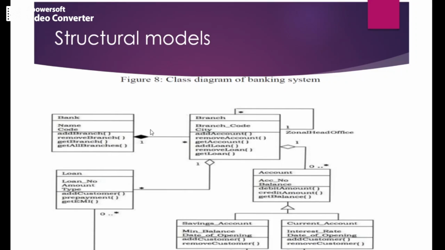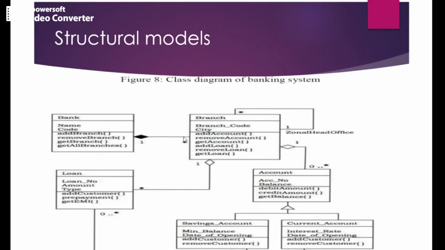So in this class diagram of the banking system, you can see that you have several different classes: bank class, branch class, loan, account, savings account, current account, customer. What is in the middle section is the attributes. If I take this bank class, the attributes are bank name, code, and the methods are add branch, remove branch, get all branches.